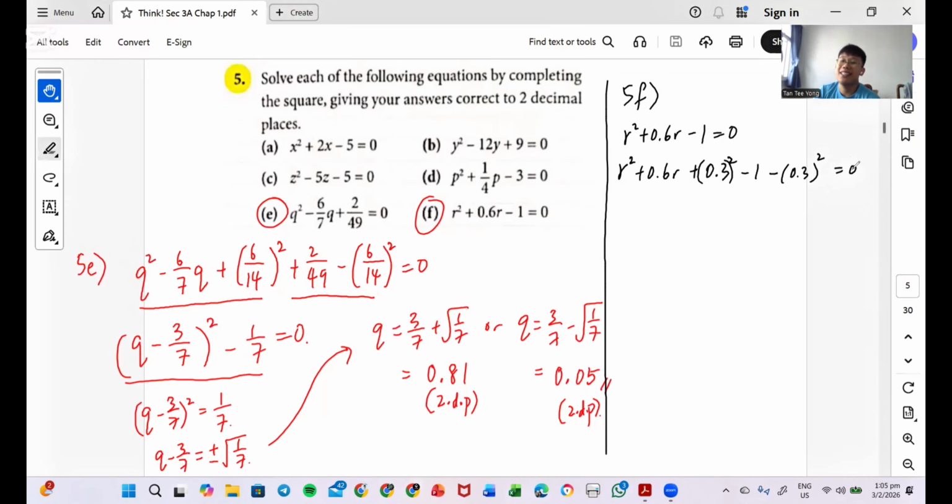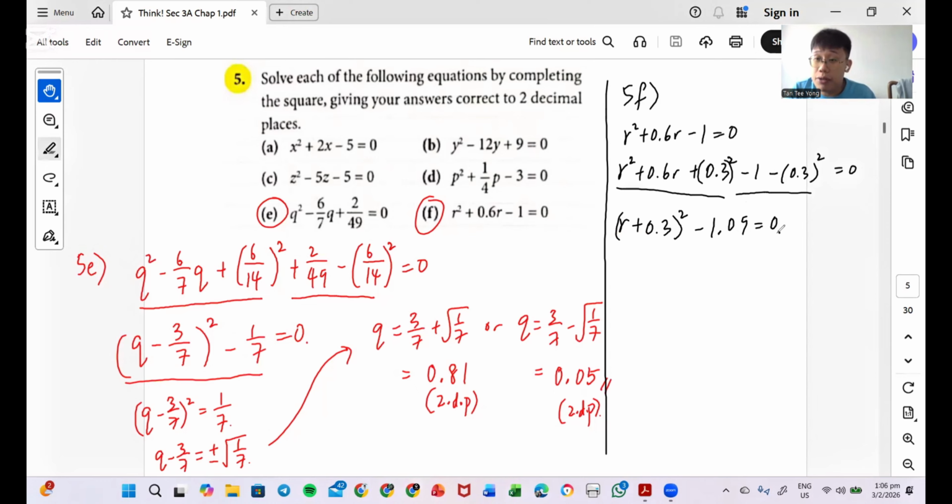Not that it's a big difference here, but it's a good habit. So this part complete the square. So r plus 0.3 whole thing square. And then calculate this part. So negative, minus 1.09 equals to 0. Okay, so this is the completed square form.